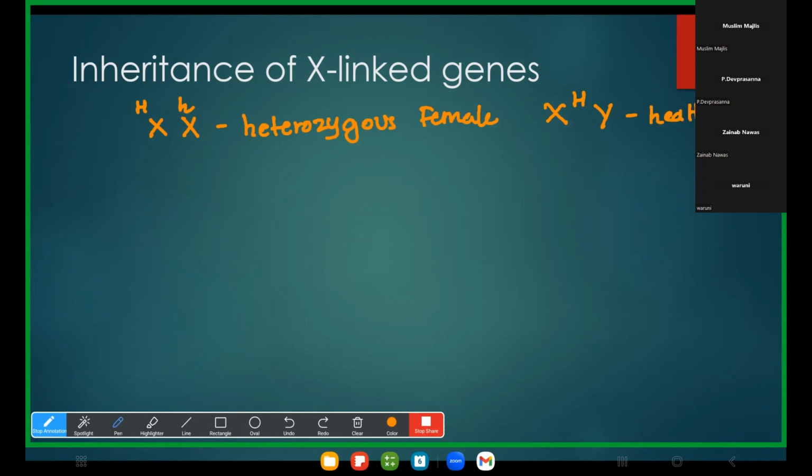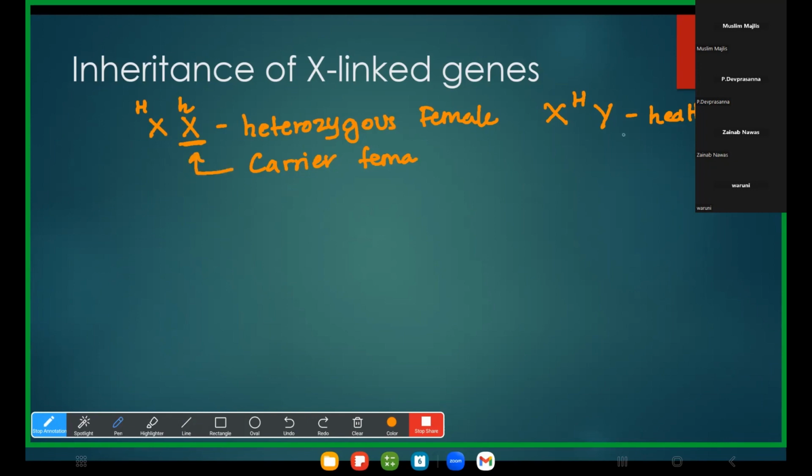This type of heterozygous female is also called a carrier female. Since they have one disease gene but do not have the disease themselves, they only carry the gene for the disease, so they are considered a carrier.